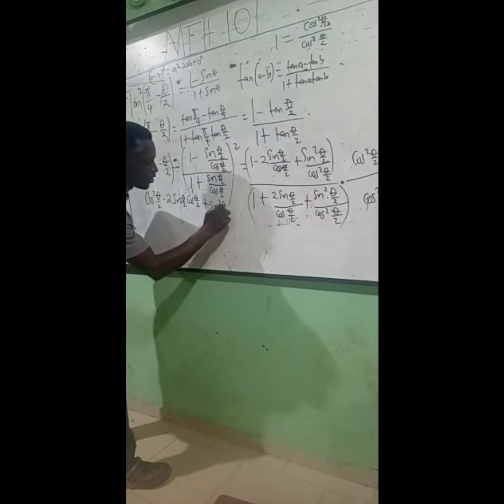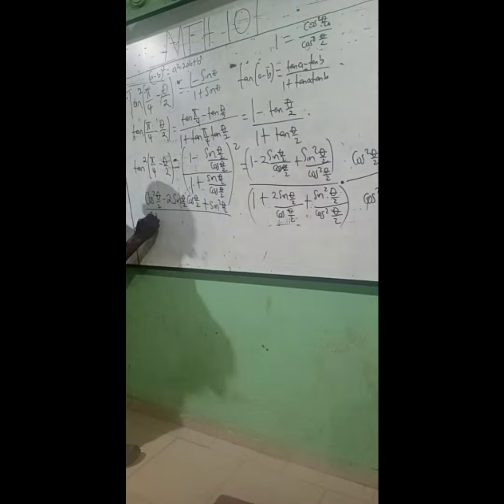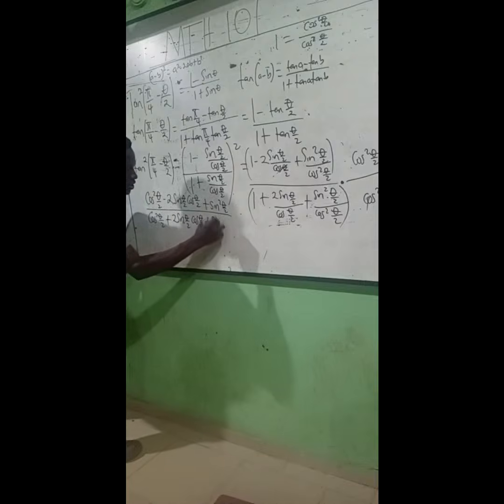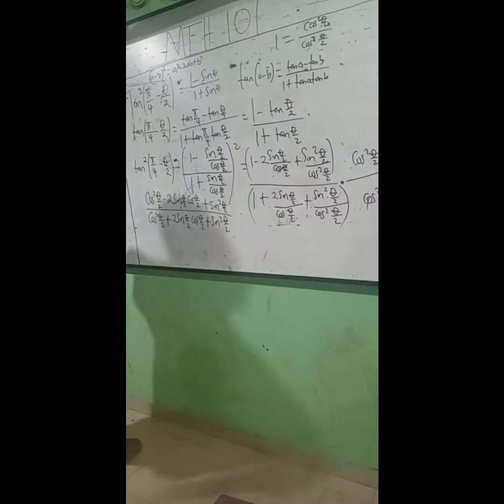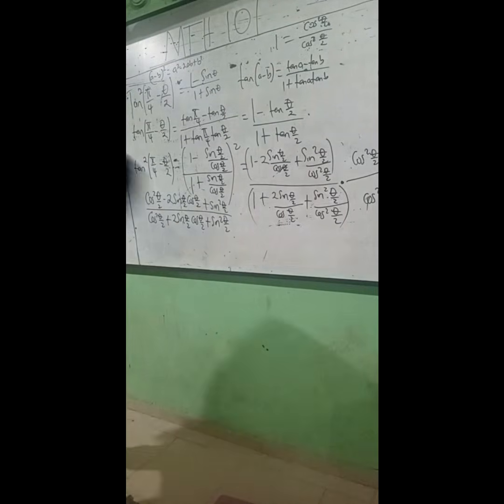Sin square theta over 2 divided by cos square, same thing we have here. The difference will just be this time 2 sin theta over 2 cos theta over 2 plus sin square theta over 2. Is it clear to that part? Any question?